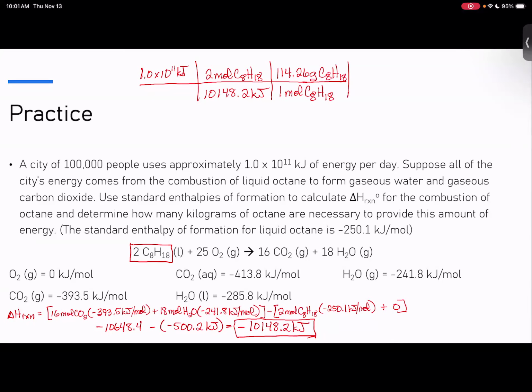And we've been asked to convert that into kilograms. So 1,000 grams is equal to a kilogram.